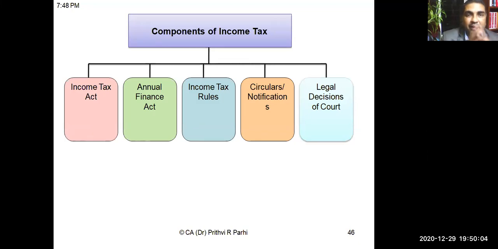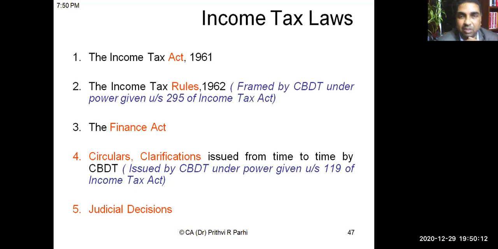Now, to have a broad understanding of income tax law, it's not that we have to refer to only the Income Tax Act 1961. We have to read a few other things also. So the Income Tax Act 1961 has to be referred to. Income Tax Rules 1962 is also relevant.